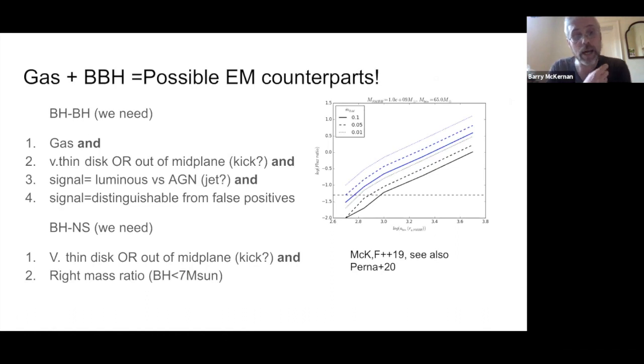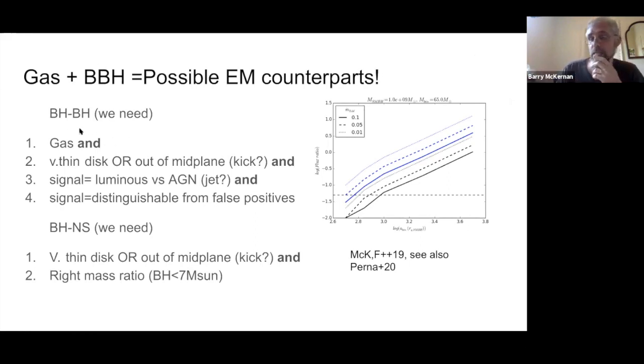Yeah, so we have black holes merging not in the vacuum. And there's gas around them, which means there's the potential for possible electromagnetic counterparts. So there's a couple of steps that you need to go through in order to generate a detectable EM counterpart for these things.